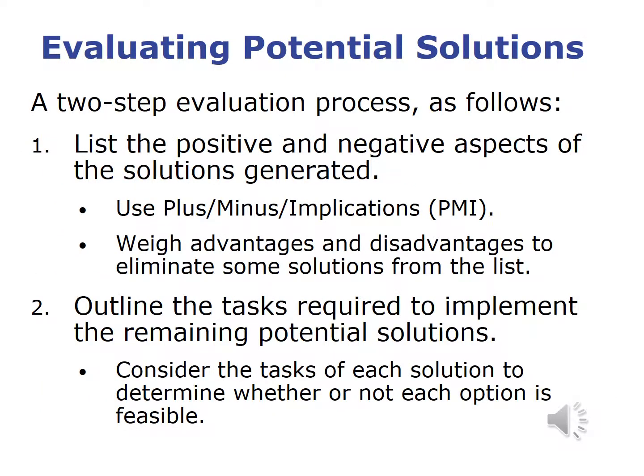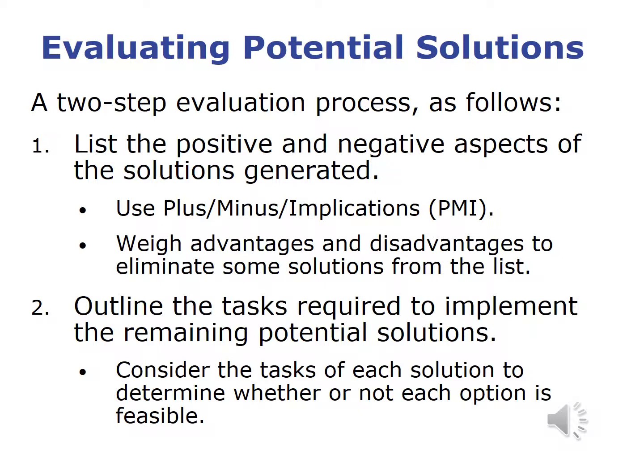Once potential solutions are generated, it is critical that they are evaluated. There are many ways to evaluate potential solutions. The text suggested a two-step evaluation process. In step 1, participants list positive and negative aspects of the generated solutions, eliminating some by weighing advantages and disadvantages.